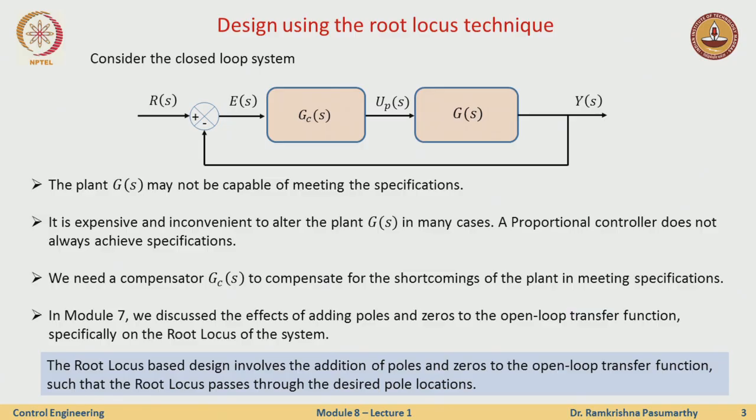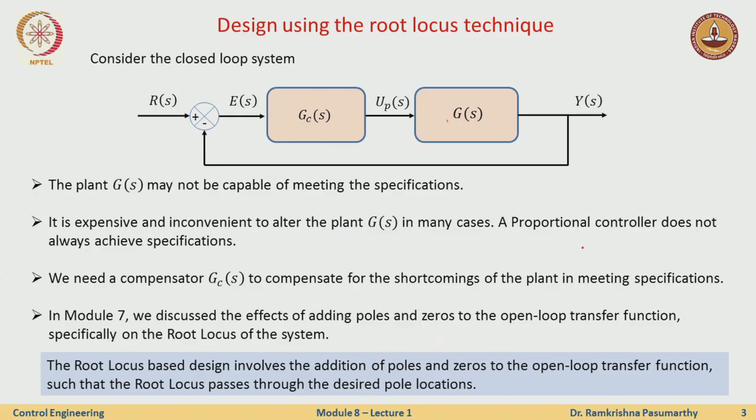Okay, so a typical closed loop system looks like this. I am given a plant G of s, and suppose G of s does not behave the way I want. Well, the constraint is that I may not be able to alter the plant, or it might just be expensive. In some cases, it may also happen that a proportional controller may not achieve specifications.